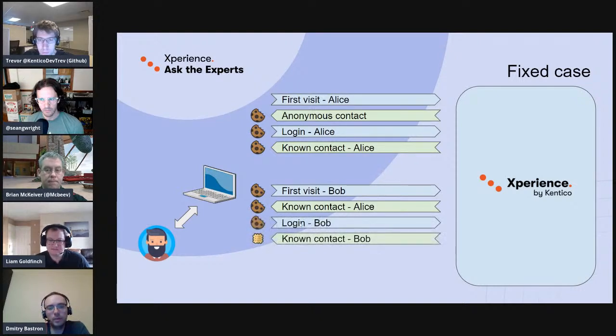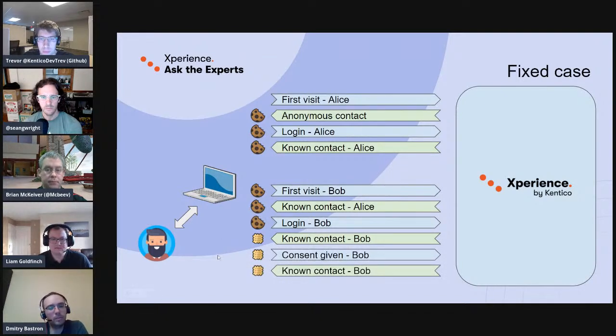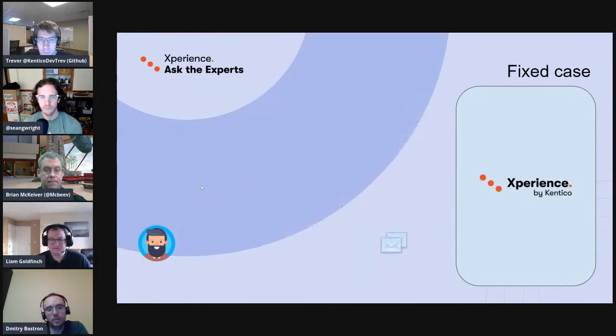And then upon login, this particular piece of code gets executed, and in return, Bob gets a different cookie value. So it will be Bob's contact associated with Bob's user. And then when Bob fills out the form and gives marketing consent, then Bob will be receiving these emails and everything will be fine.